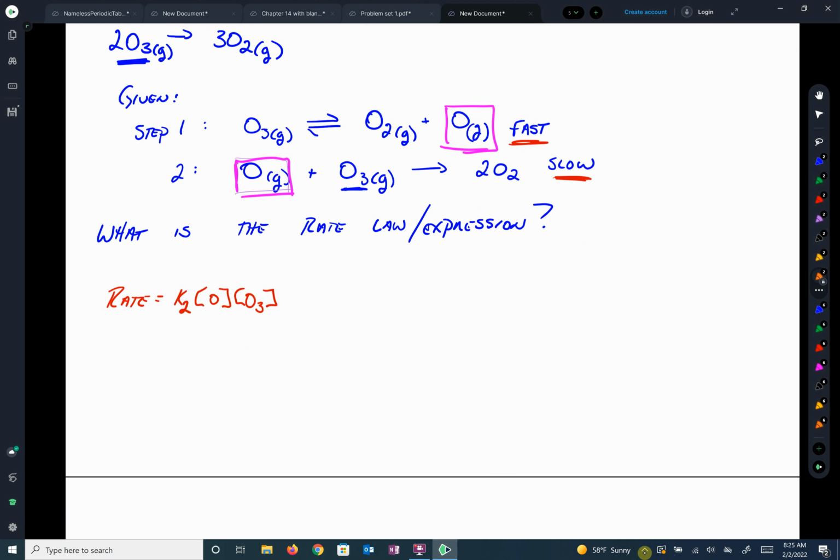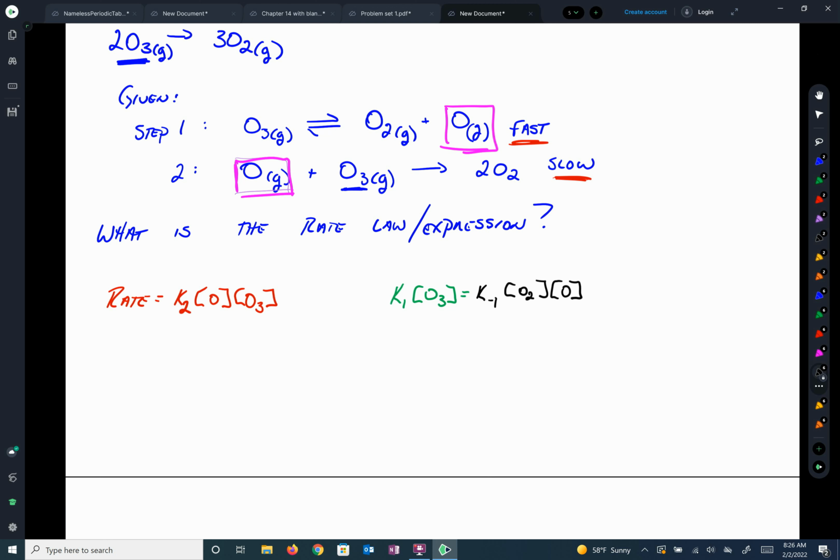So we have k1 times [O3], and that's equal to k minus 1, [O2], [O].